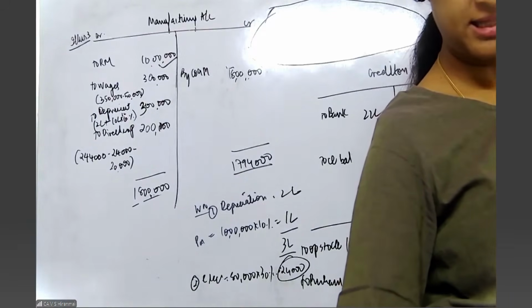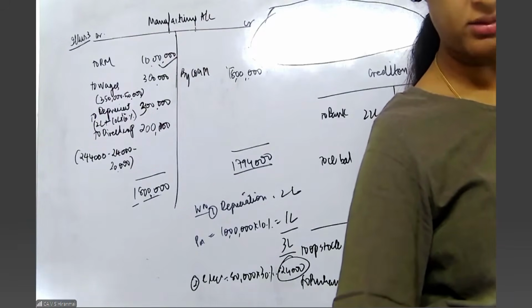This illustration 5 has already been done, Anjana, you are requested to please see the recording first. If you are unable to understand, solve it and see the recording again. If it has already been cleared, please refer to the recording and try to understand. Then why are you unable to understand if you have seen the recording?